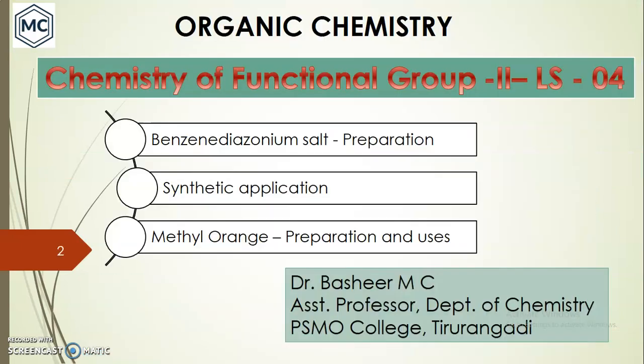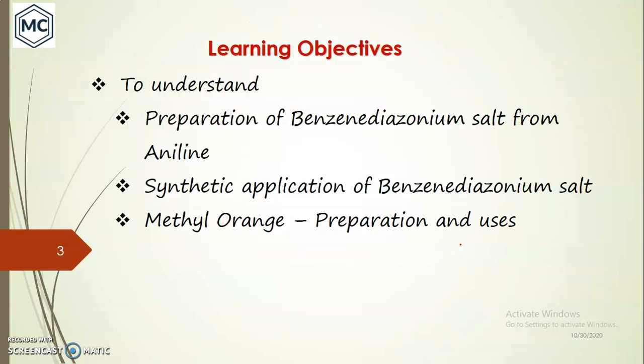We were discussing the topic chemistry of functional groups, second part, and today we are going to discuss the benzenediazonium salt functional group, its preparation and synthetic applications. We also discuss the preparation method for methyl orange and its uses.